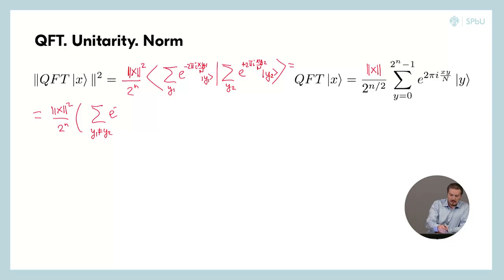And we have some exponents and the dot product of y1 and y2, which is 0 because y1 and y2 are different basis vectors. So this part is 0.